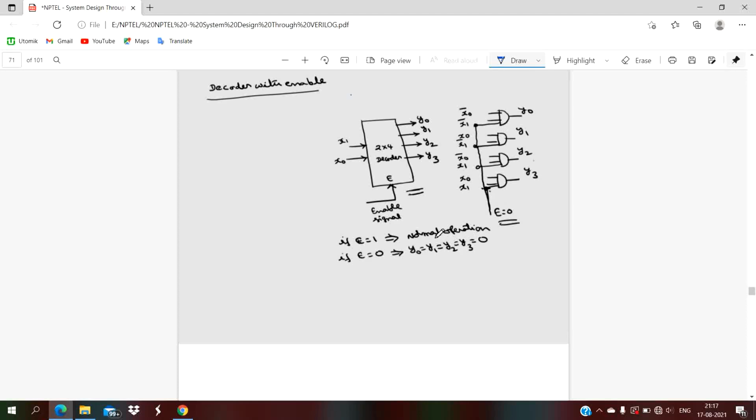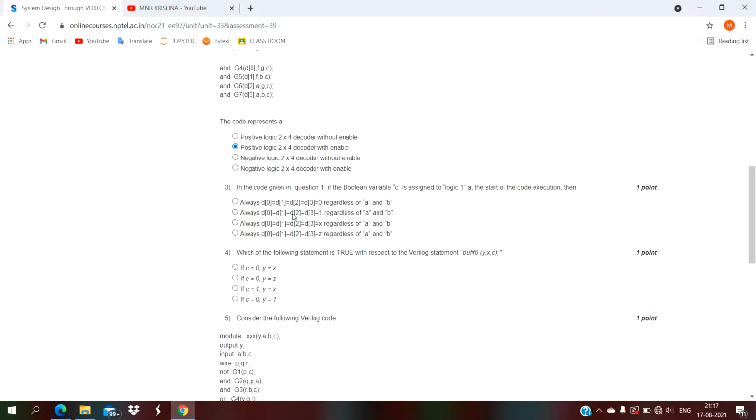So for negative logic, if we give E equal to 0, it does normal operation. If we give E equal to 1, all outputs are 1. So it is always 1, so B is the correct answer. D0, D1, D2, D3 are always equal to 1 regardless of A and B.